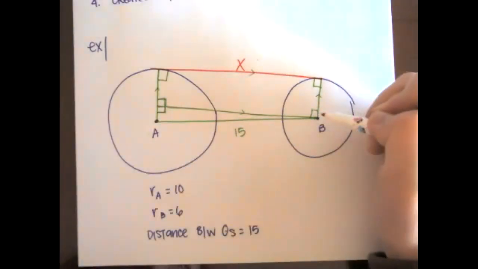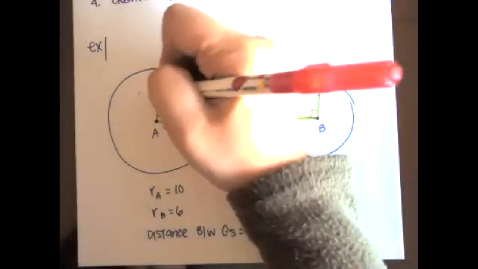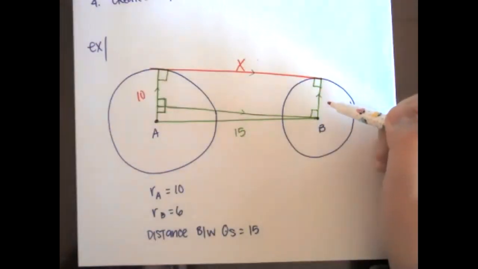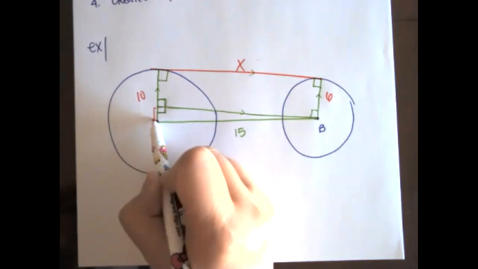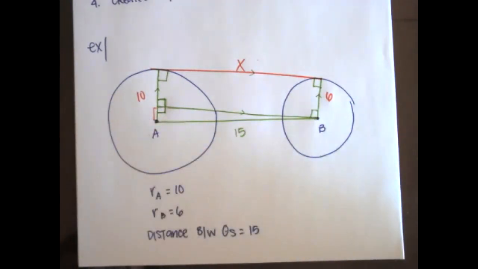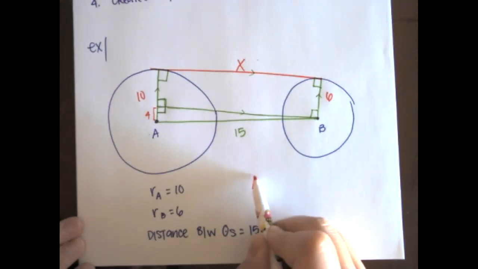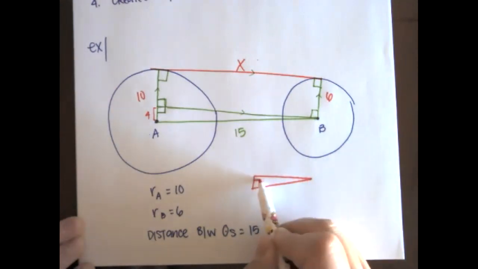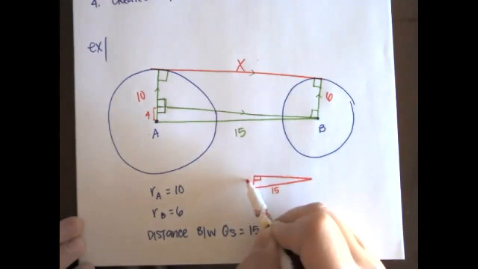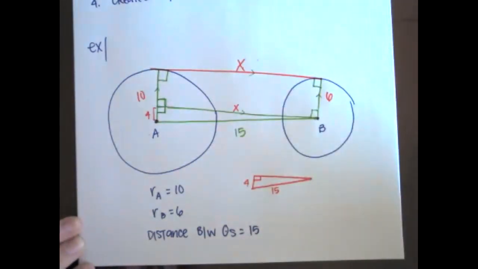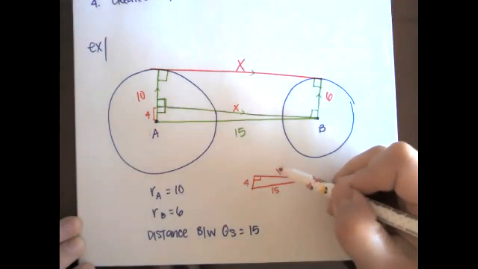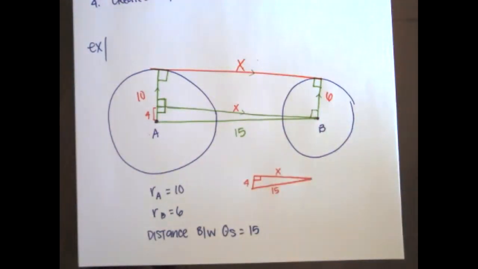Let's label our sides. The radius of A is 10. The radius of B is 6. So that means from here to here is 4. So here's our right triangle: 15, 4, and because it's a rectangle, if this is X, this is also X. Now we could use the Pythagorean theorem.